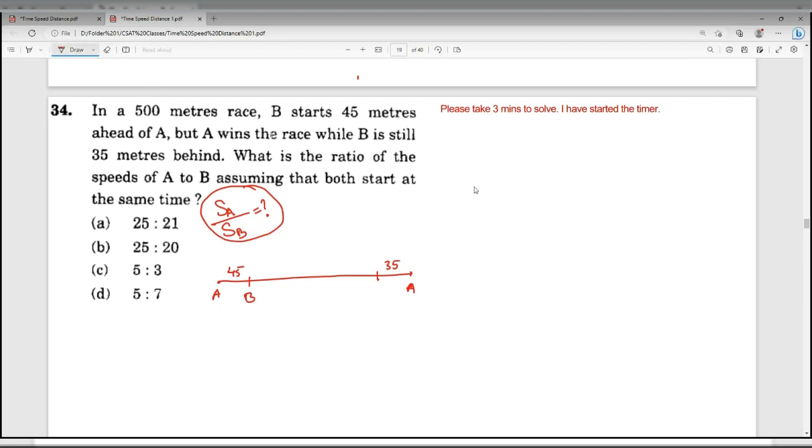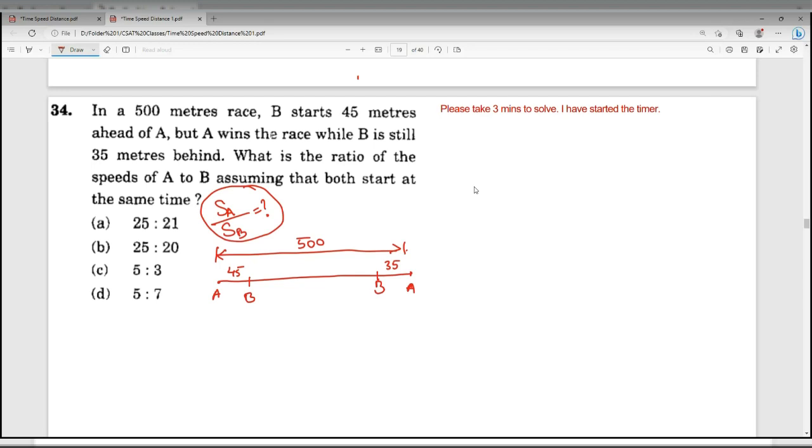So in this case, the total from here to here, it's 500 meters. And according to the question, B starts 45 meters ahead. And when B is still here, that is 35 meters behind, A completes the race and he wins the race.